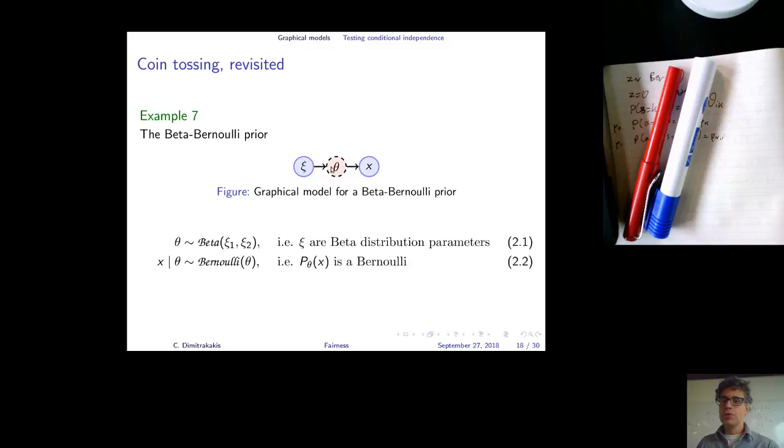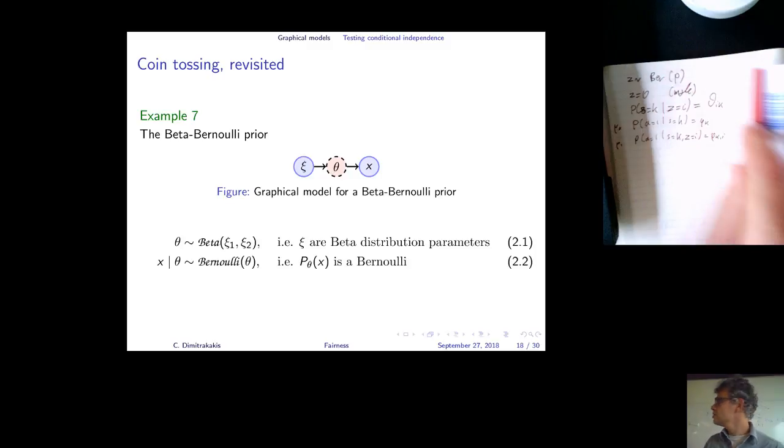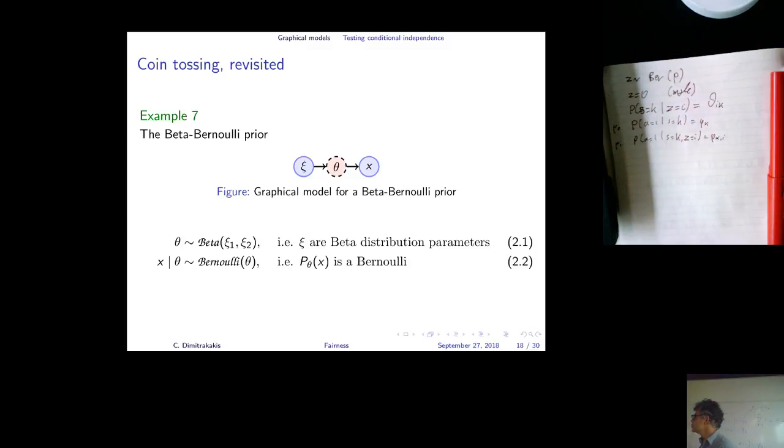Now, the thing is that we don't really know what theta is, so we assume some prior distribution xi, or parameters of a prior distribution xi. Now, given a value for xi, for this prior distribution, then there is a fixed distribution for theta. Okay, and given a theta, there is a specific distribution for the data x that we see.